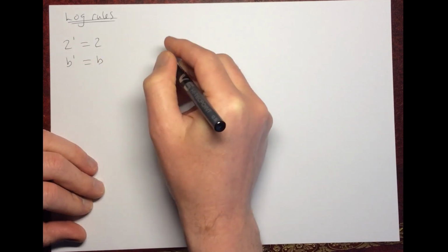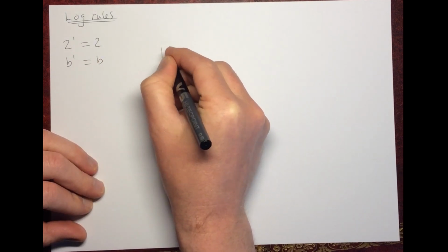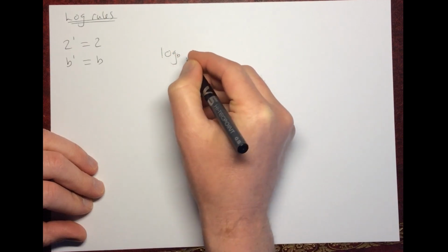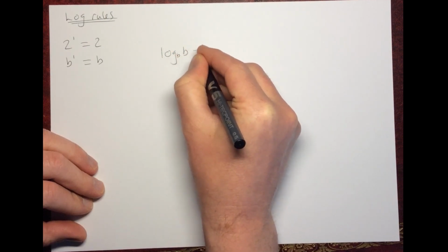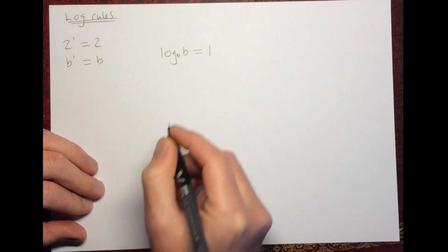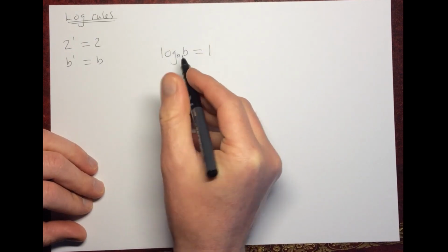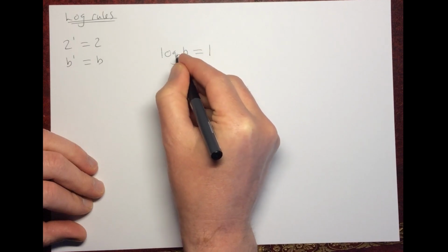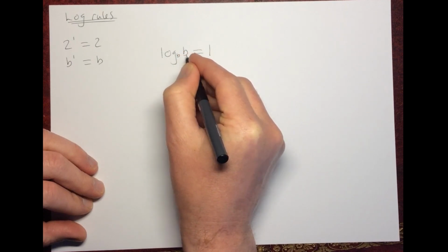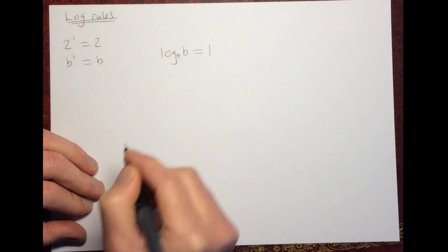Now that leads to a useful log rule. If you do log to the base b of b, you will get 1. Now why is that? Because with logs, what we're saying is, what value do I need to raise b to in order to get b? Well, it's 1.